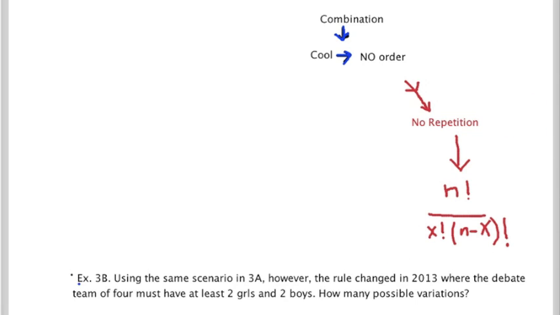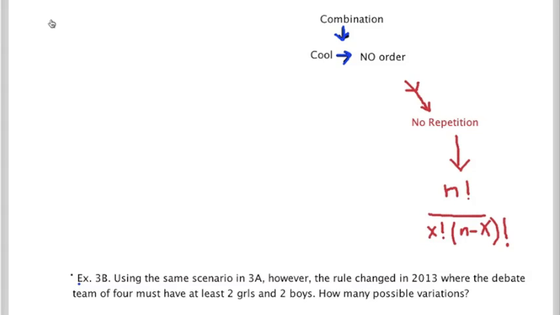So we need 4 different people. So in this case, it is combination, order doesn't matter, there's no repetition, right? And again, for this scenario, it's a bit different. Based on the problem, it says the rule changed in 2013 with a debate team of 4 must have at least 2 girls and 2 boys.